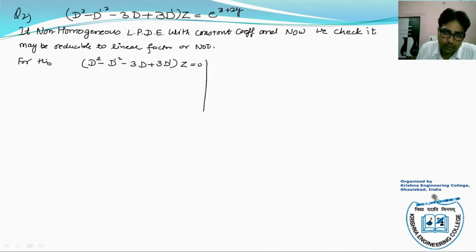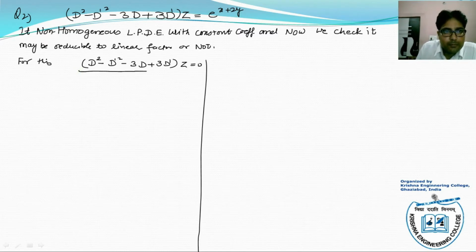Now the complete solution. We have D minus D dash square. The factor of D square minus D dash square is D minus D dash into D plus D dash. Clear? A square minus b square is equal to a plus b into a minus b, right?